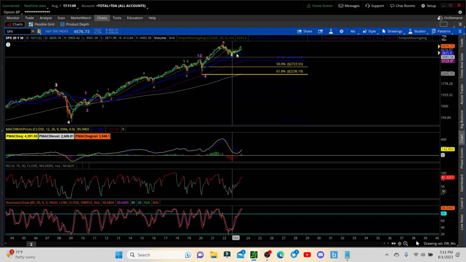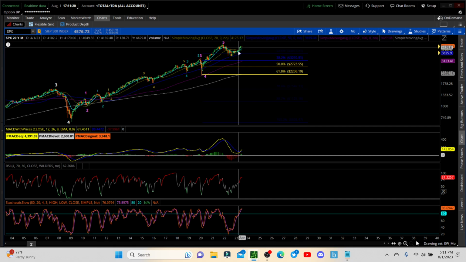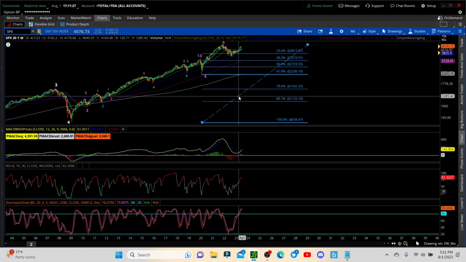I'm thinking more of a flat pattern, ABC at minimum, or this could be a much higher degree, and this is a 1-2 setup, and we have 3, 4, 5 to begin the descent. Now that's much more bearish, but we'll play that depending on how and why.